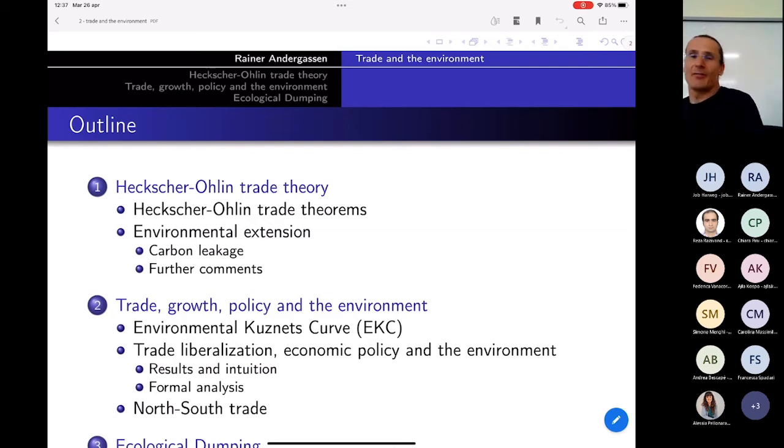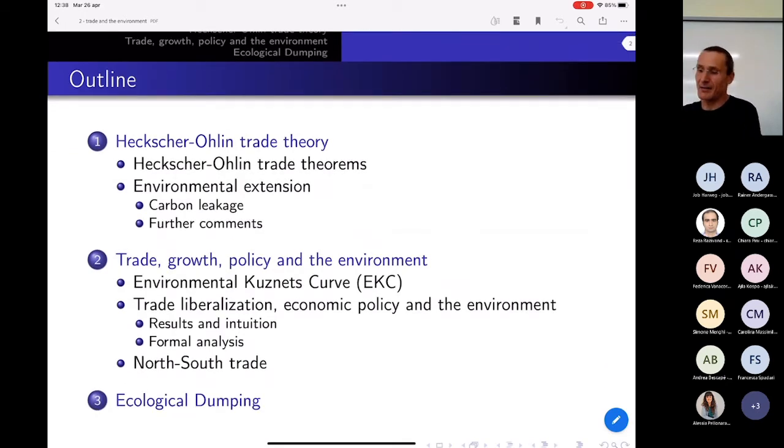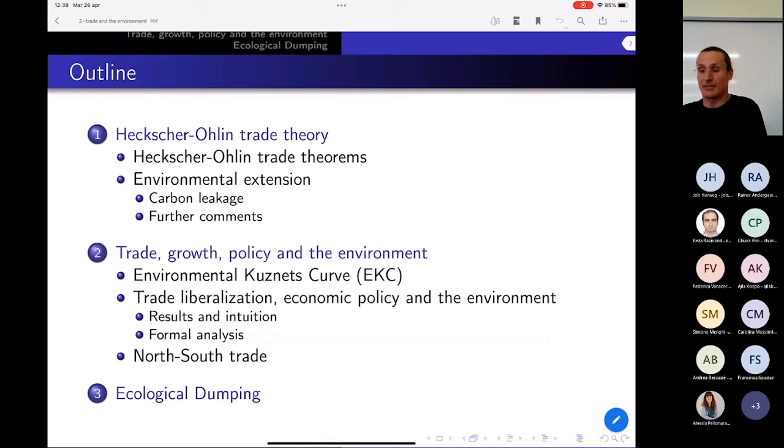I was just talking about what we're going to see in these lectures. In the second part of these lectures, we'll see the effect of trade liberalization on social welfare, from a formal point of view, and also from an empirical point of view. What are the effects of trade liberalization in terms of empirical results?